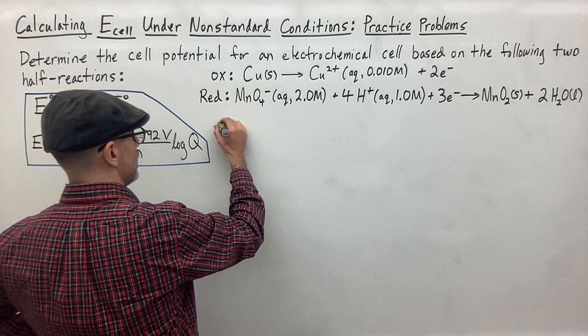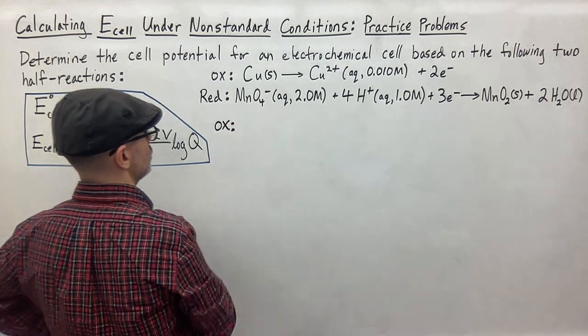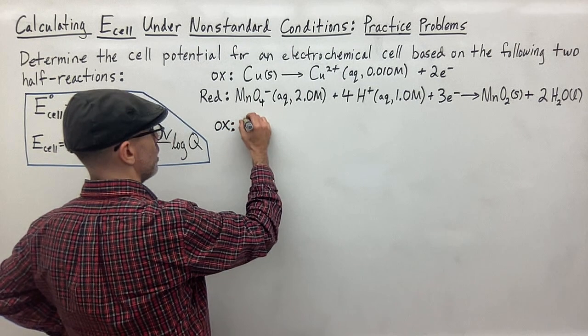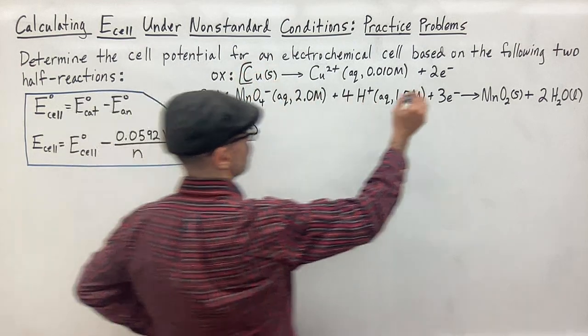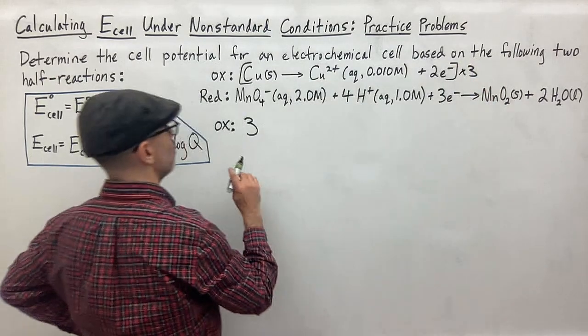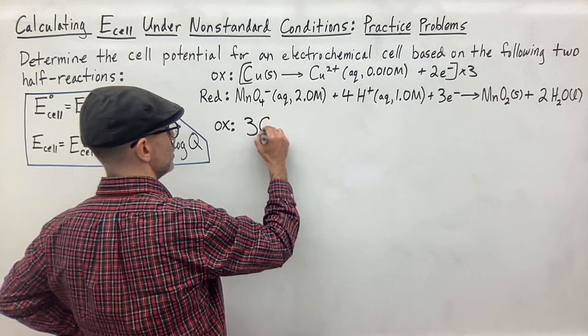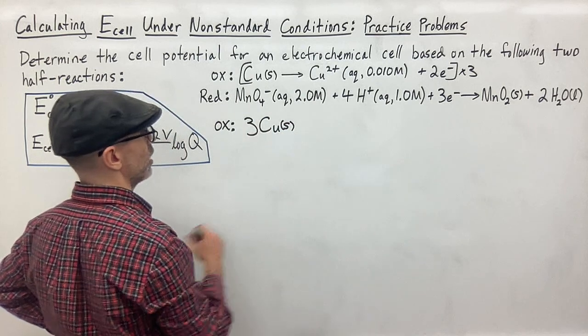So for the oxidation, I'll rewrite it here. For the oxidation, we would need to multiply everything by 3. So this would have to be multiplied by 3. So 3 times Cu. So that's going to be a 3 there.